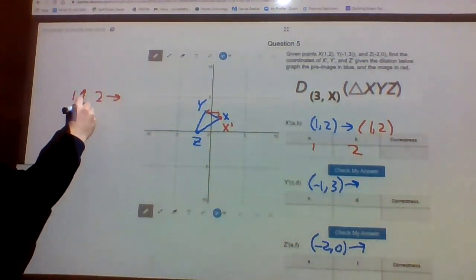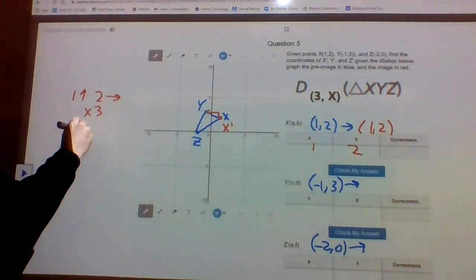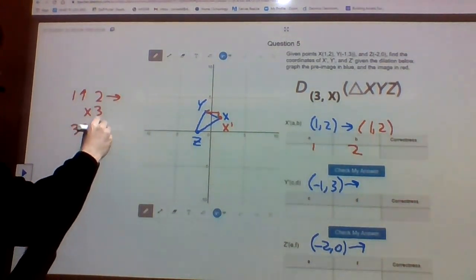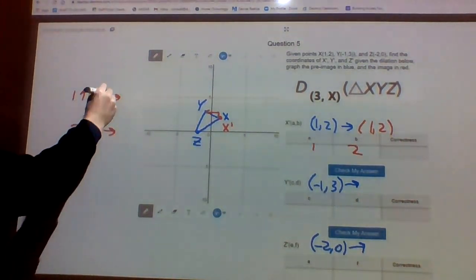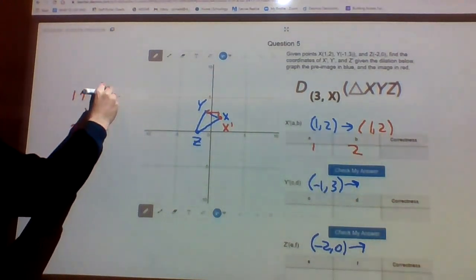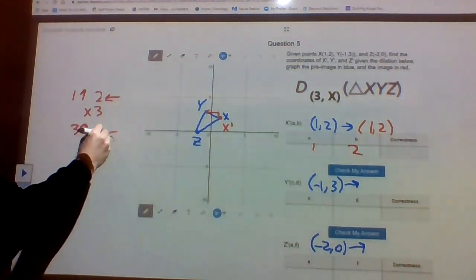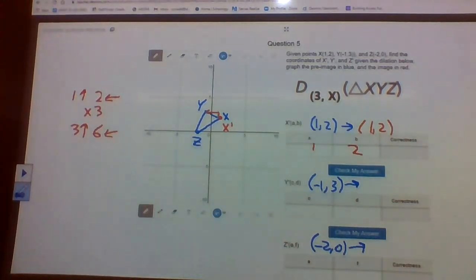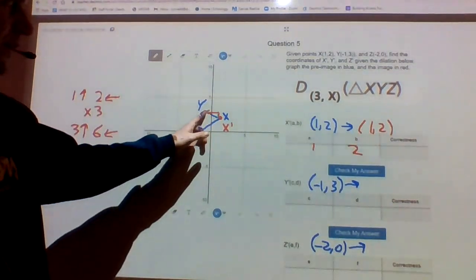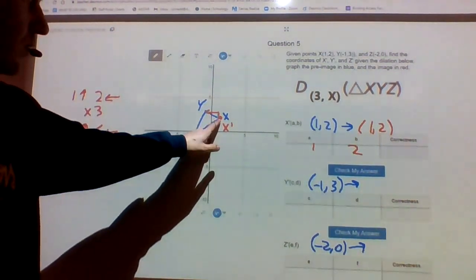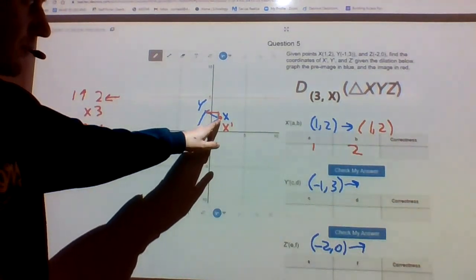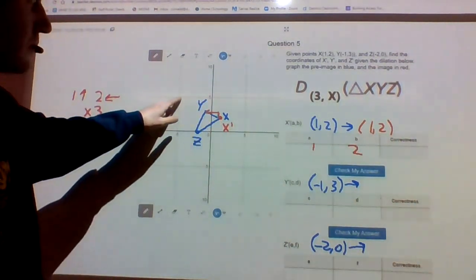So we need to go 3 up and 6 to the right. I'm sorry, it's left. 6 to the left. Okay, so 1 up, 2 left. So we need to go 3 times that. So we need to go 3 up and then 6 left.